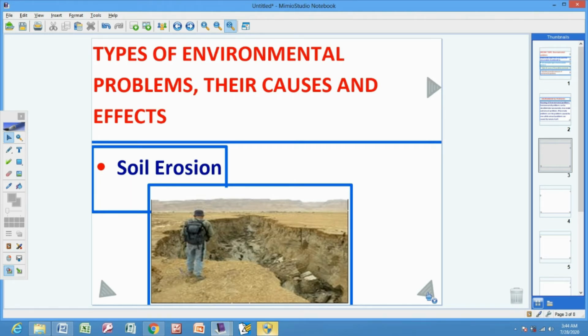So it occurs when water or wind remove the top layer of the soil, and it is caused by human activities such as farming, cattle grazing, and so on. As you can see from the picture, this is a good example of soil erosion.